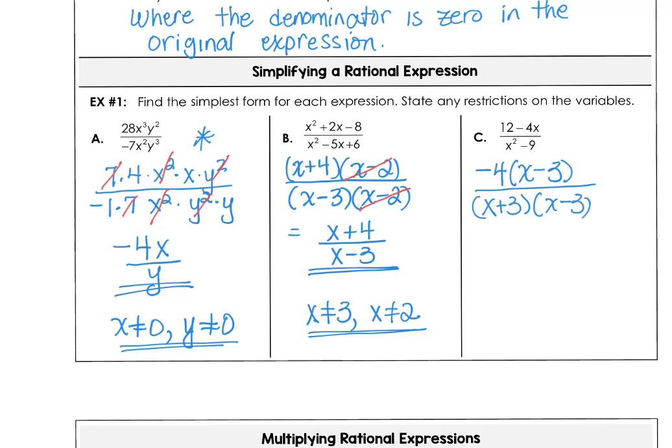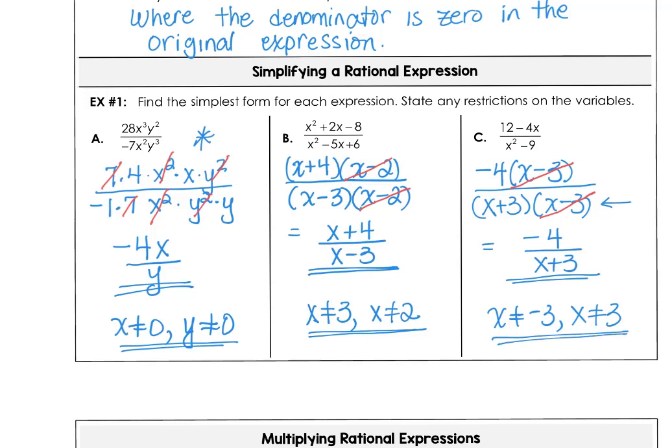So we can remove that x minus 3 over x minus 3. And simplest form would be negative 4 divided by x plus 3. With our restrictions coming from here. So x can't be negative 3 and x can't be positive 3 based on the original problem.